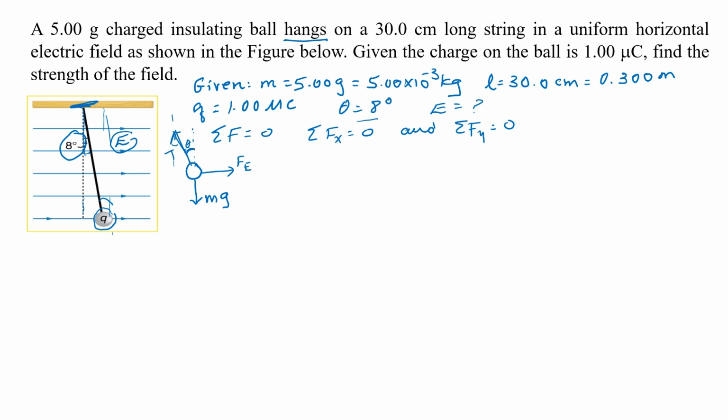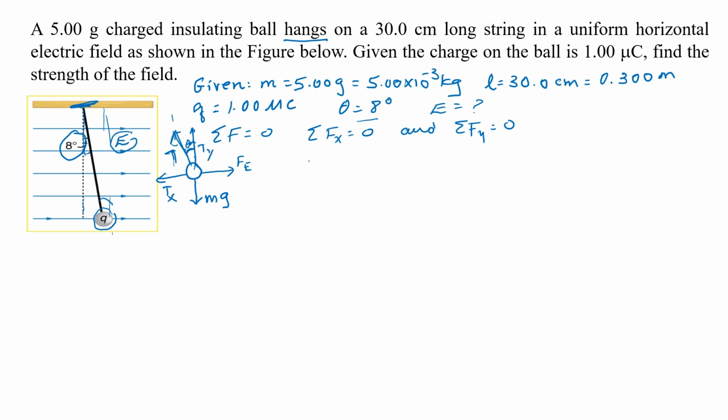Alright, so now we have our free body diagram, and that means we can also have the components, the vertical component of T and the horizontal component of T in this direction. This is Tx, this is Ty.